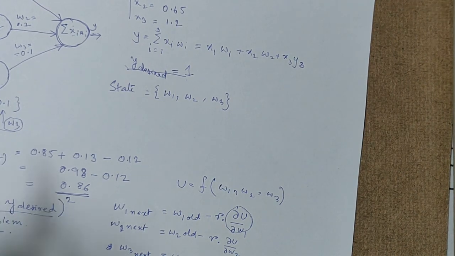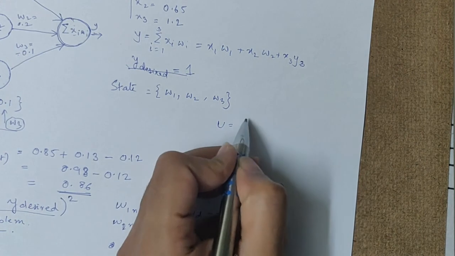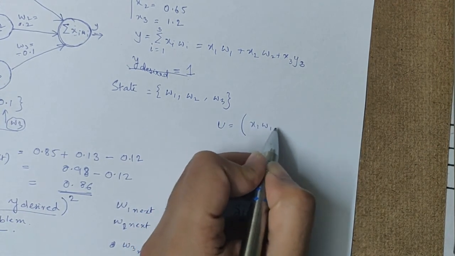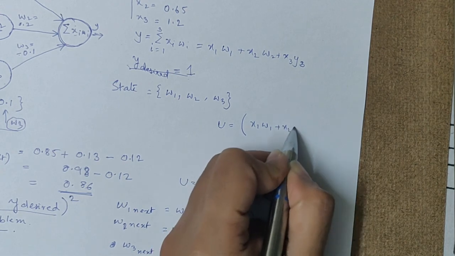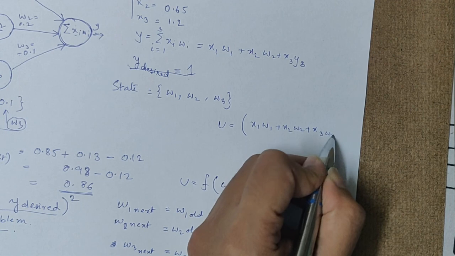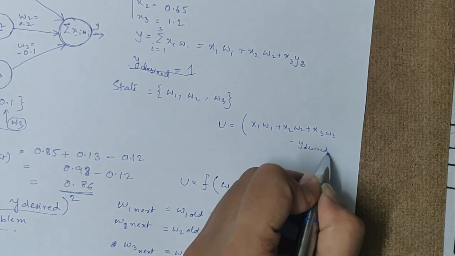What is y calculated? What is u actually? u is actually x1 w1 plus x2 w2 plus x3 w3 minus y desired, whole square.